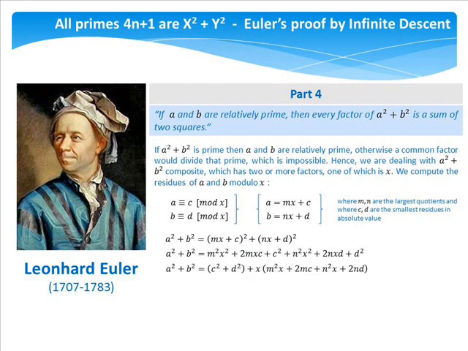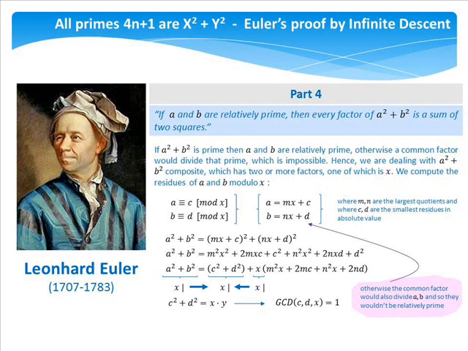Since x divides that term and a squared plus b squared, then it must also divide c squared plus d squared. Thus, c squared plus d squared can be expressed as x times another factor. The greatest common divisor of c, d, and x is 1. Otherwise, the common factor would also divide a and b, and so they wouldn't be relatively prime.